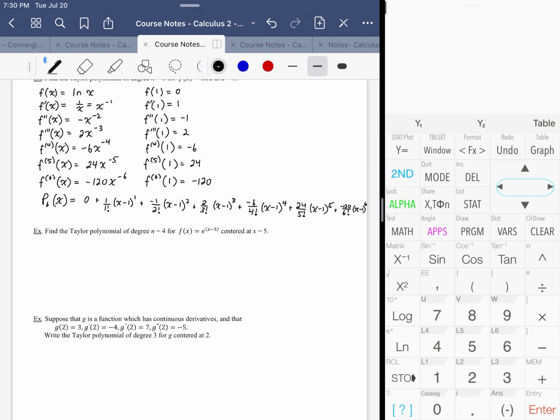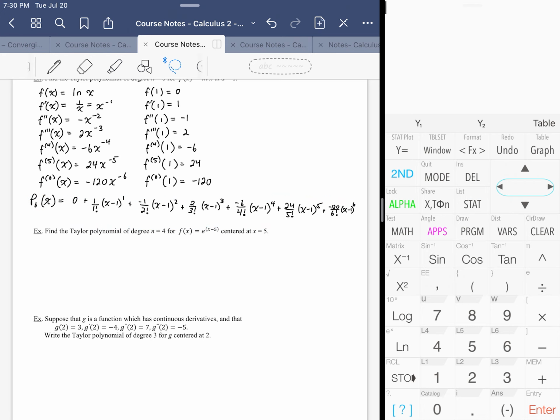So that's a lot, but in theory this should be a pretty good approximation of this natural log function.